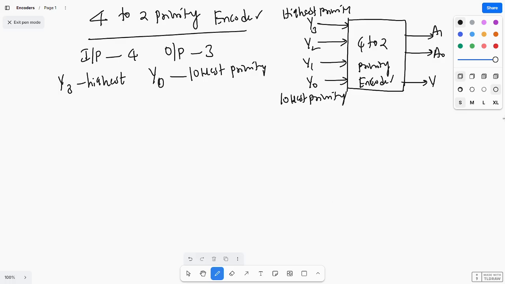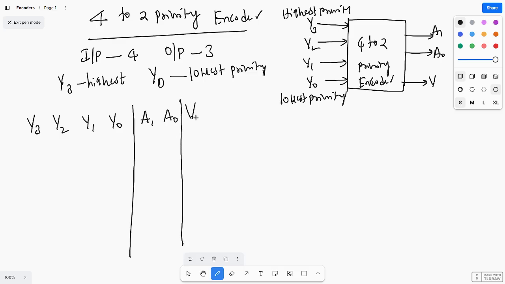So here, what are the inputs? y3, y2, y1 and y0. And what are the outputs? a1, a0, and one more output, that is the valid output. Okay, so here all inputs are 0.